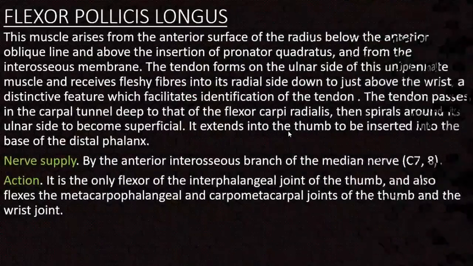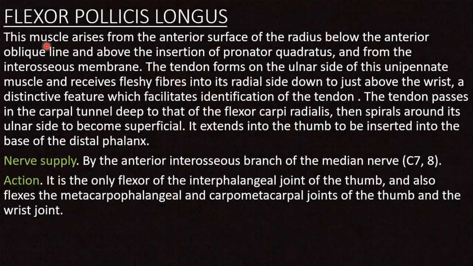Now, flexor pollicis longus. This muscle arises from the anterior surface of the radius below the anterior oblique line and above the insertion of pronator quadratus muscle, and from the interosseous membrane. The tendon of this muscle usually forms on the medial or the ulnar side of this unipennate muscle, and it receives fleshy fibers on its radial side down to just above the wrist.